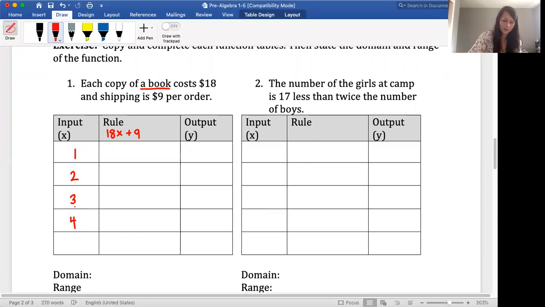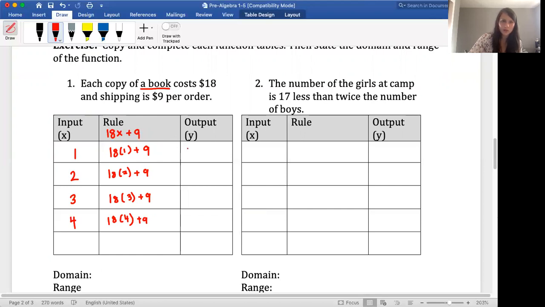So we can plug in each value: 18 times 1 plus 9, 18 times 2 plus 9, 18 times 3 plus 9, 18 times 4 plus 9. We can work all of these out, so you can pause the video and work these out if you'd like to.